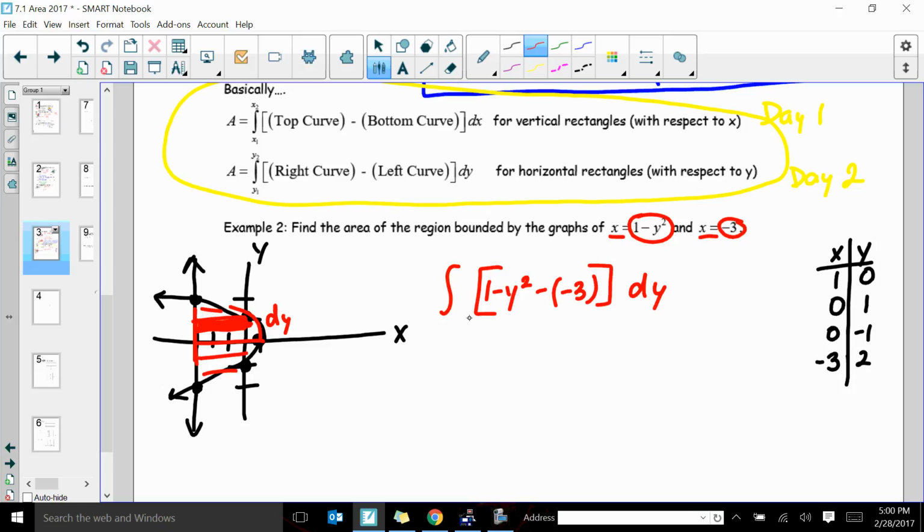That's what the integration symbol does. You've got to say, okay, what's my y value down here? So not -3, that's your x. Your y is -2, and your top y is 2. This right here is going to be the hardest part to get initially. So again, you could do this by hand. You could do it in the calculator.